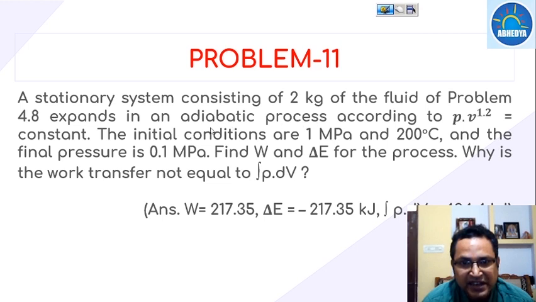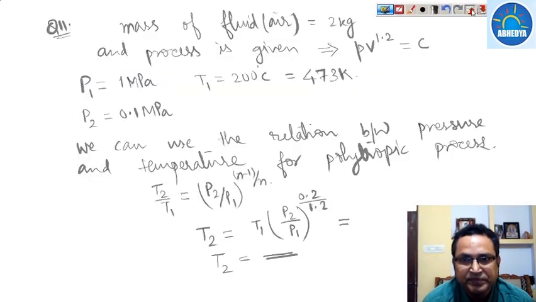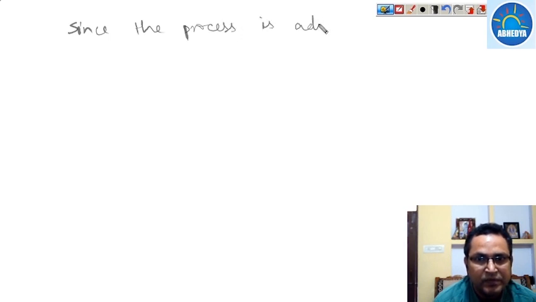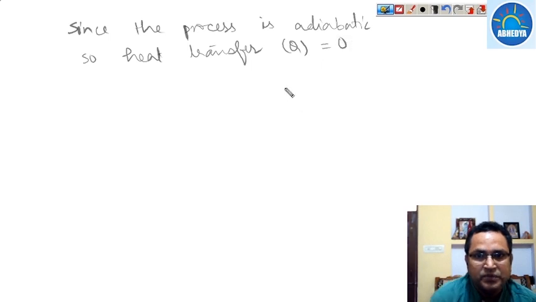adiabatic process is there. So since it's an adiabatic process, the heat transfer will be equal to 0. Since the process is adiabatic, so heat transfer is equal to 0.